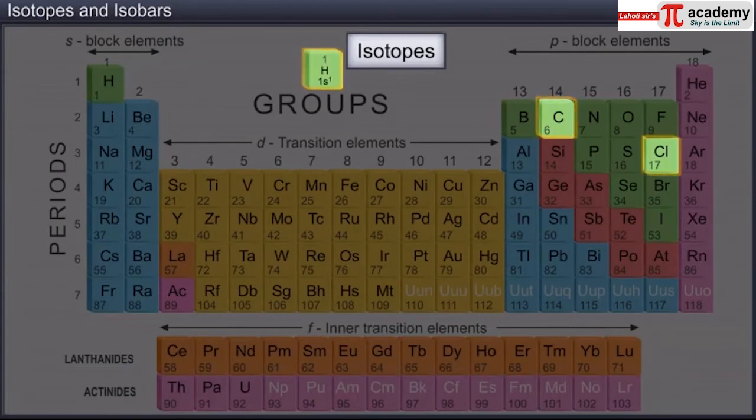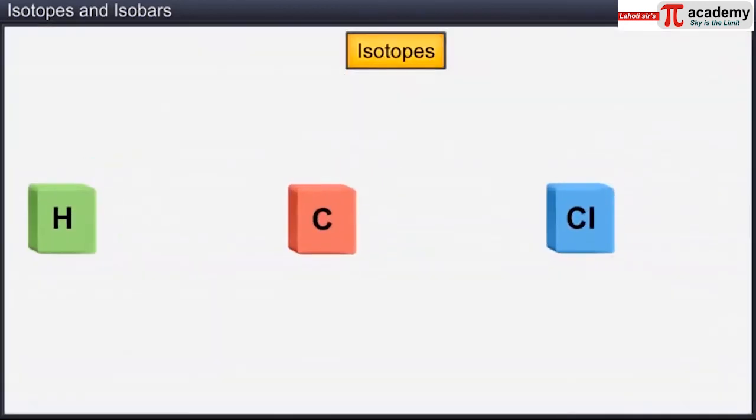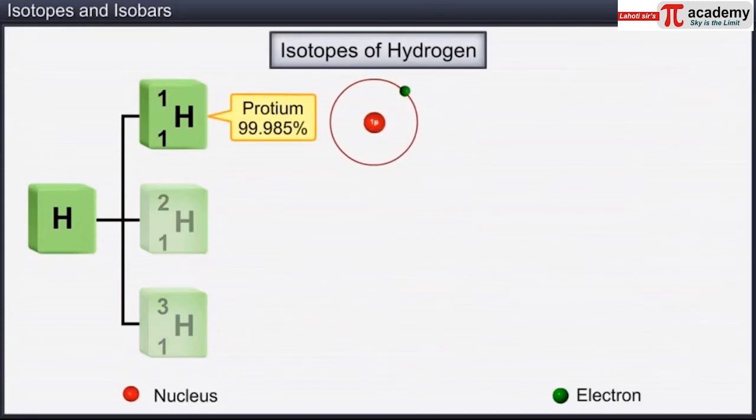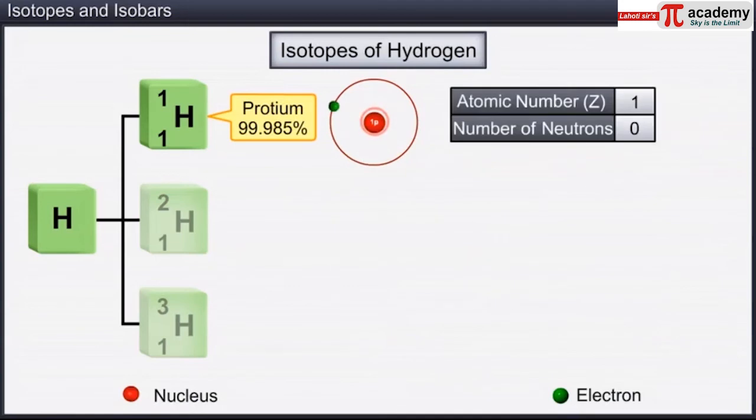Let us look at a few examples of isotopes. 99.985% of hydrogen atoms contain only a single proton in their nucleus. This isotope of hydrogen is called protium, 1H1.